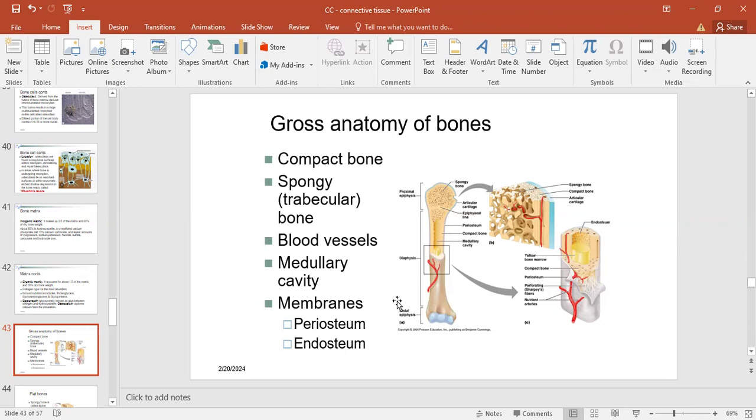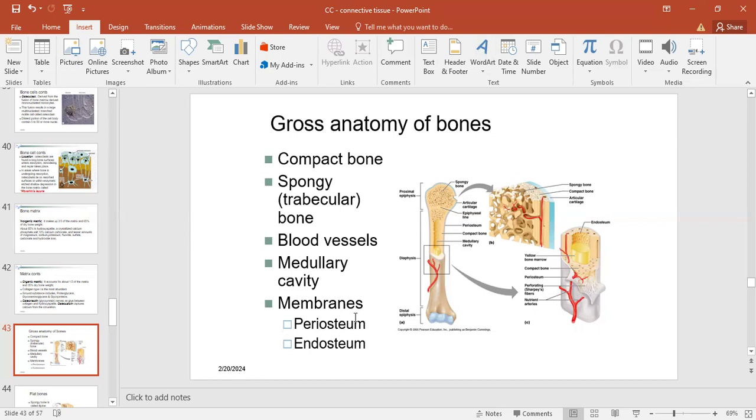These two membranes are made up of, like we said, dense irregular connective tissue. We said that this one usually makes up linings of certain organs, in this case the bones. And then under that connective tissue, we have another layer.